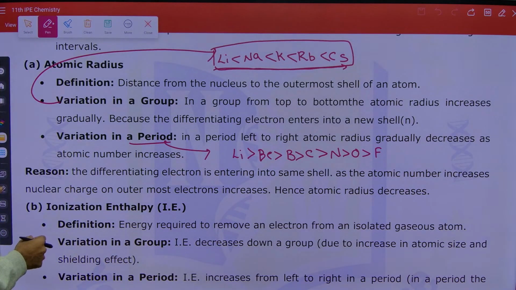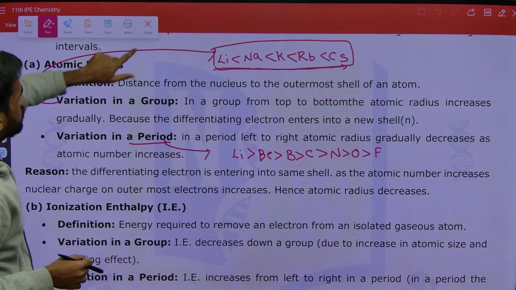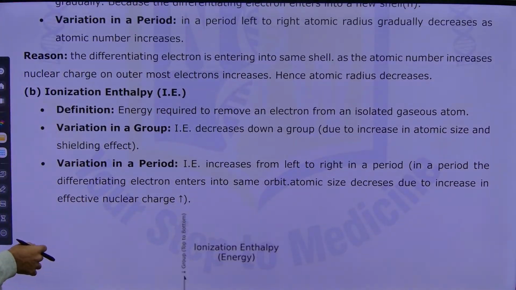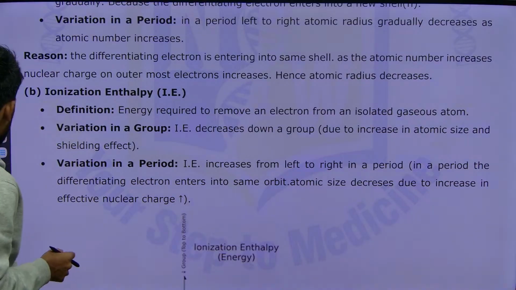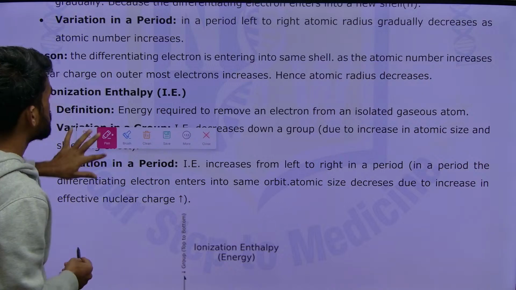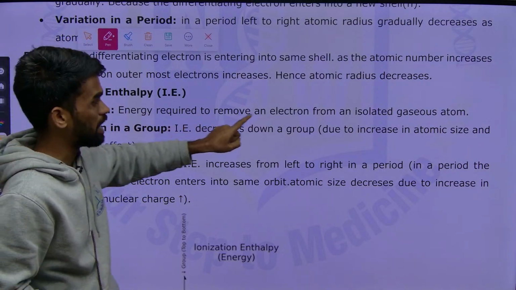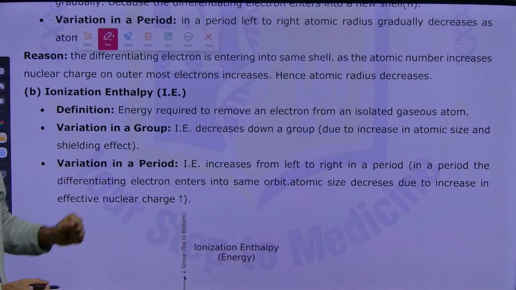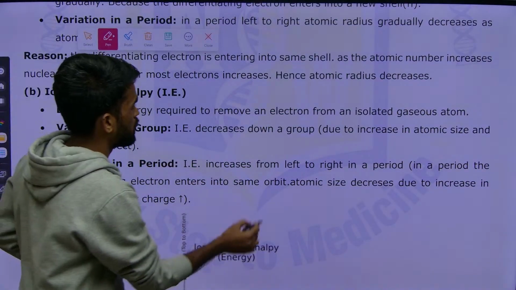Next, ionization energy. What do we mean by ionization energy? First read the definition, then I will give a clear explanation. The energy required to remove an electron from an isolated gaseous atom. Here I am writing A as an atom.